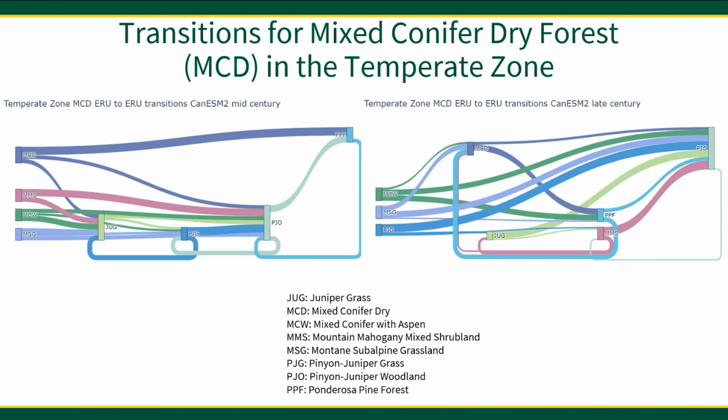So what you can see is that on the left, the mid-century transitions, we see mixed conifer dry transitioning somewhat to pinyon juniper woodland, ponderosa pine forest, and juniper grass. The late century transitions are showing that actually now we have some other types that are feeding into mixed conifer dry. So we do see a change in dynamics over the course of those 100 years of simulation.